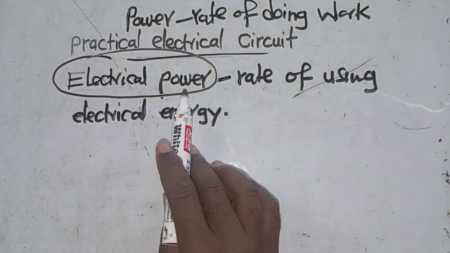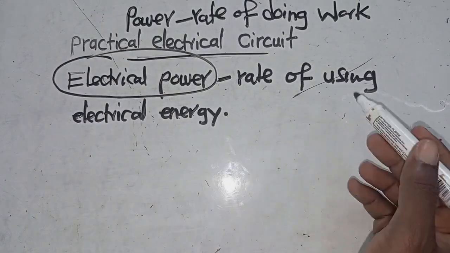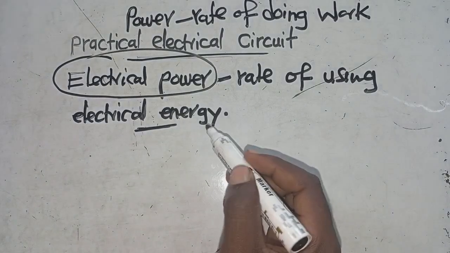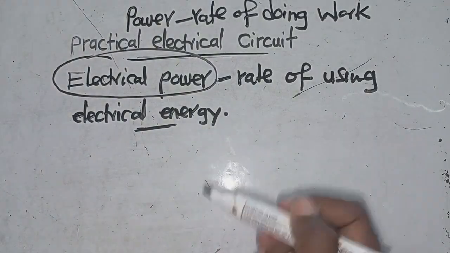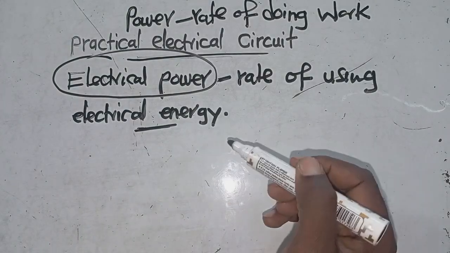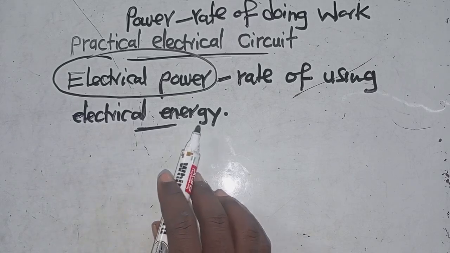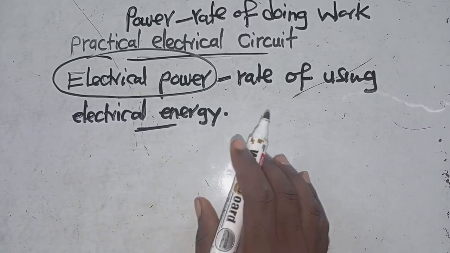So electrical power is the rate of using electrical energy. Energy is the ability to do work, and this work is being done electrically, with electrical energy. This is what I'm talking about.